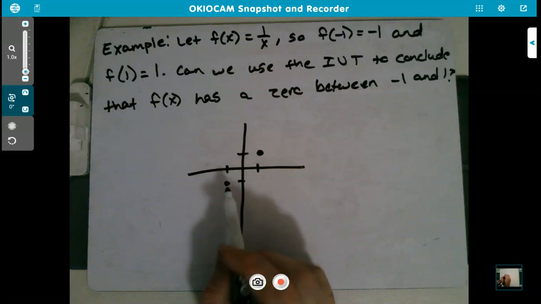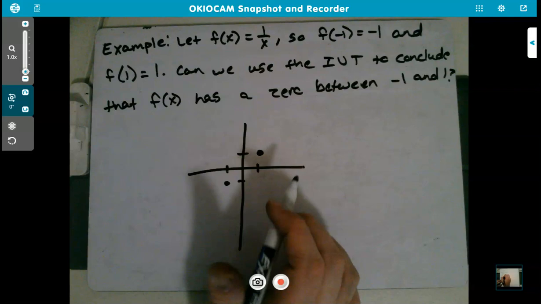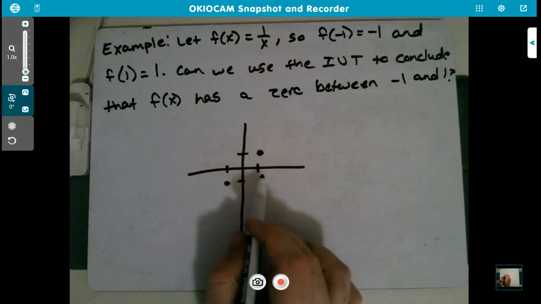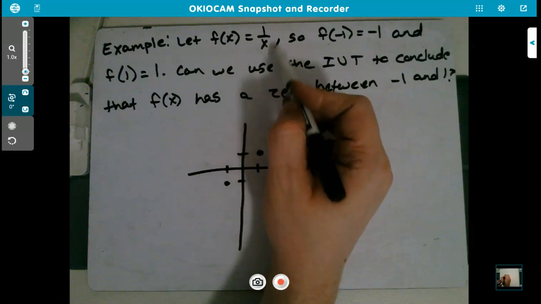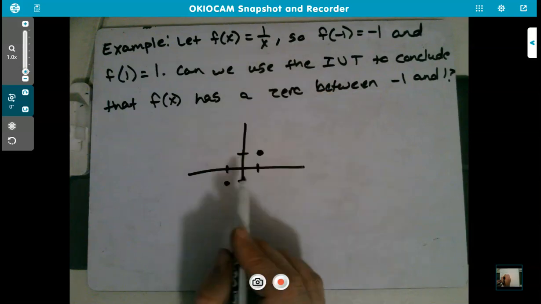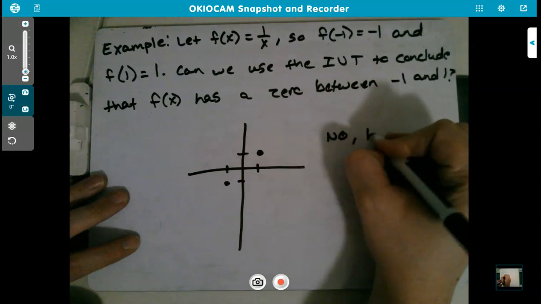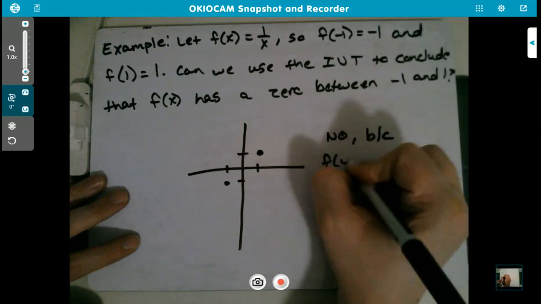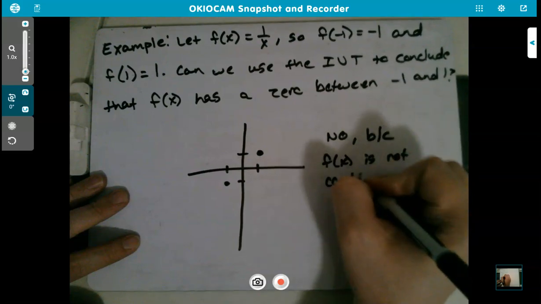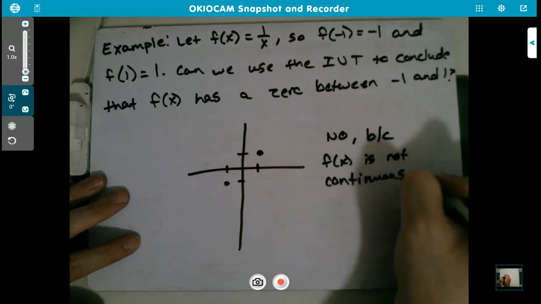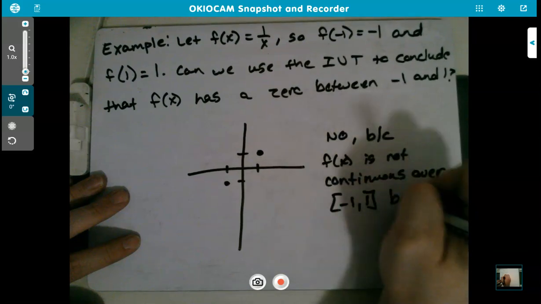Well, in this case, I'm trying to go from negative 1 to positive 1. And so is f of x continuous over this whole space? The answer is no, because I cannot plug 0 in for x, which is between them. So the answer is no, because f of x is not continuous over the space from negative 1 to 1.